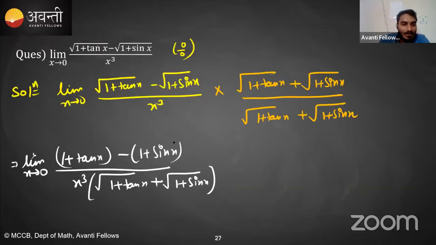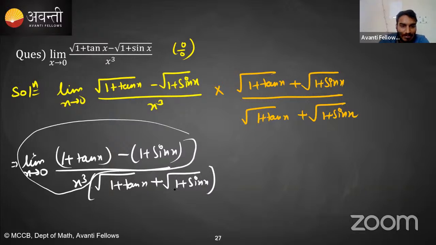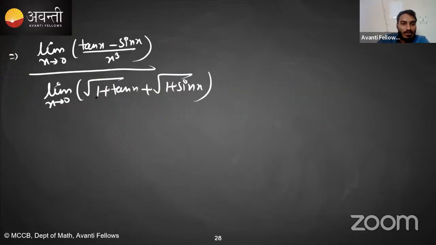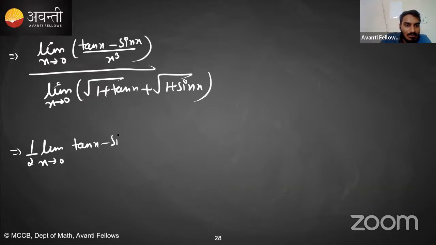I have just separated it: this is one expression and this is another expression. Since the second is not an indeterminate form, we can directly substitute x equal to 0 in it: 1 plus 1, 2. So 1 by 2 limit x tending to 0 of tan x minus sin x upon x cube.